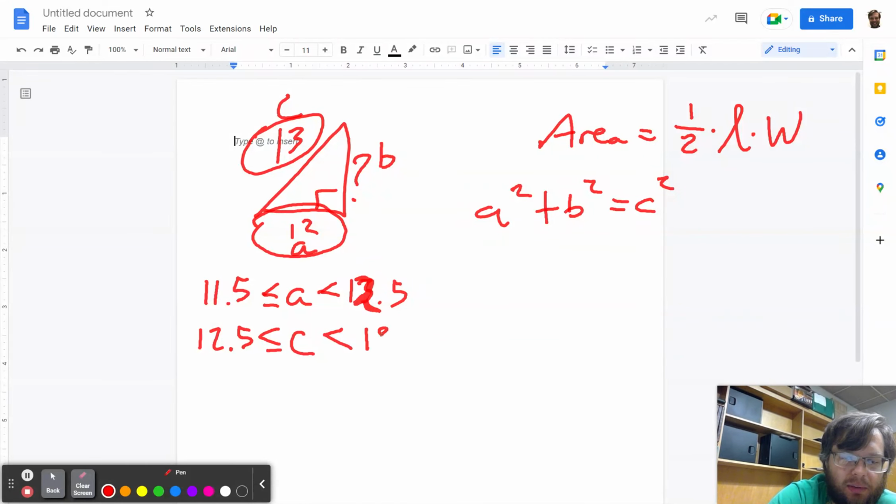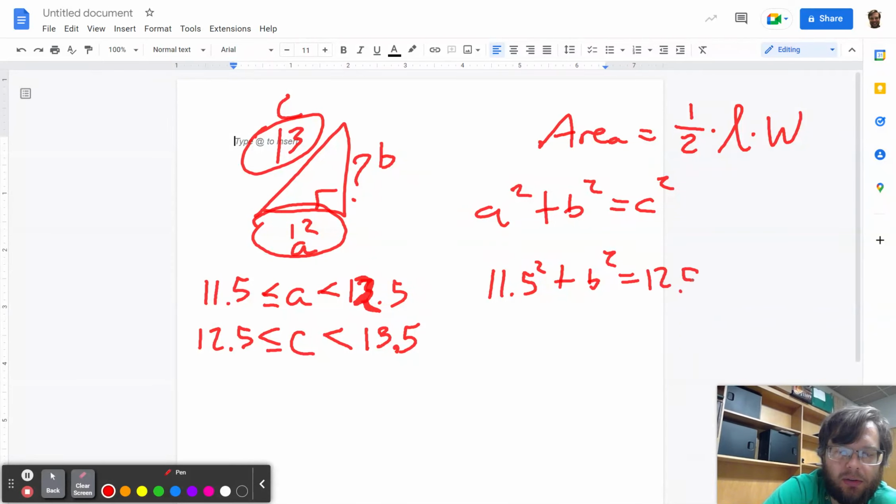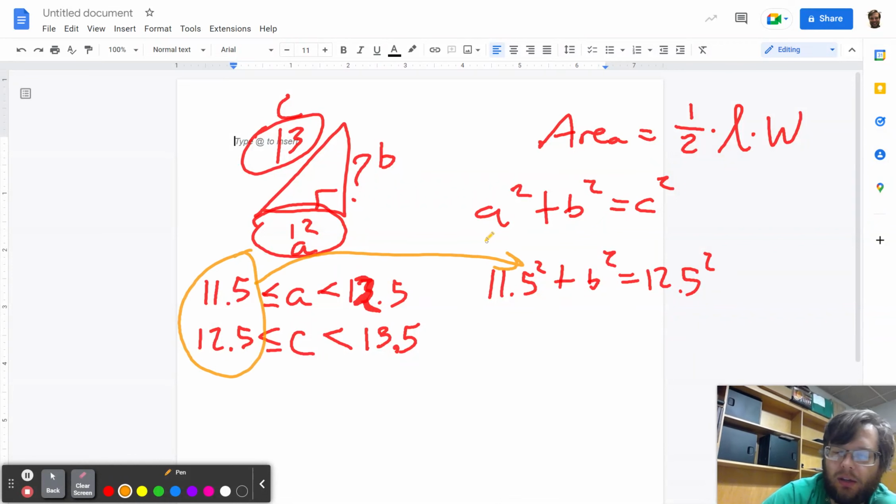And C could go up to 13.5 because it has two significant figures, so to make the bound I go one significant further. So to find my lower bound of area, I go 11.5 squared plus b squared equals c squared. So what I'm doing is taking my two lower bounds for this one right here, grab a calculator.